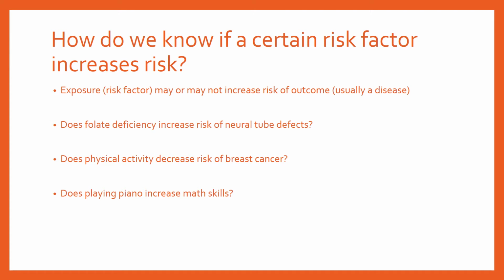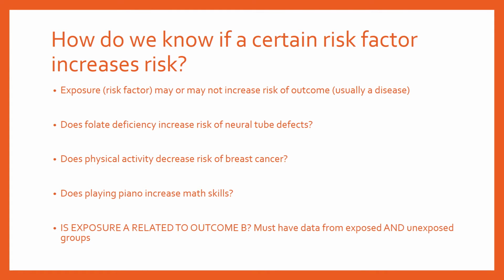And so in order to quantitatively evaluate the effect of a risk factor, we can calculate some outcomes, and that's what we're going to be talking about today, odds ratios and relative risk. So we want to know if some exposure is related to some outcome. In order to quantify that, we have to have data from an exposed group and an unexposed group.